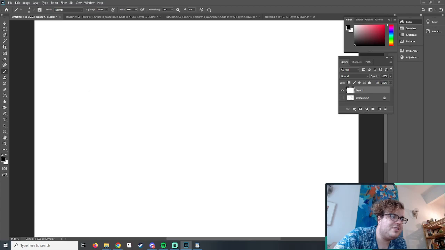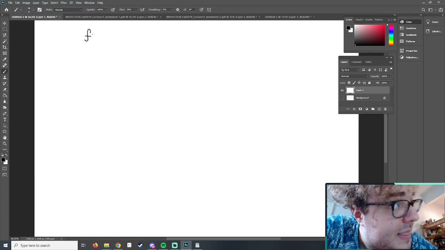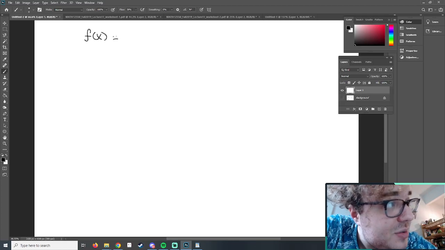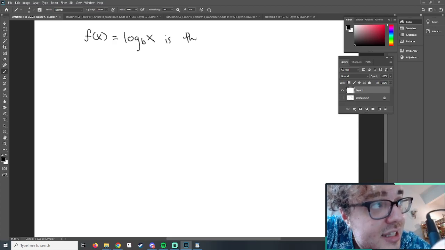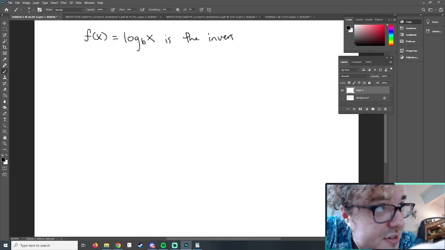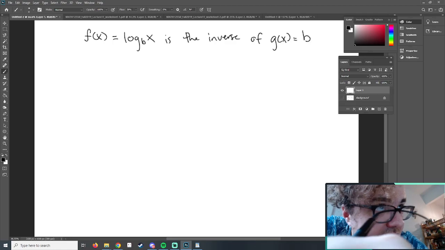So here are the notes they actually wanted me to give you. F of x equals log base b of x is the inverse of g of x equals b to the x.